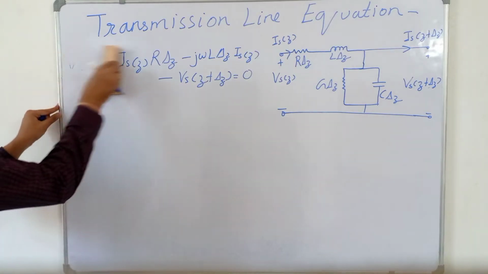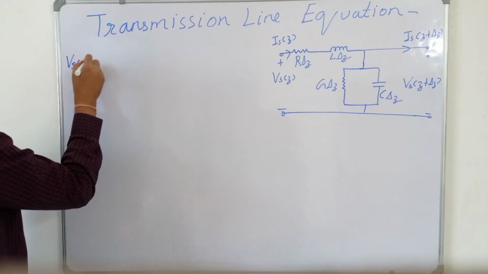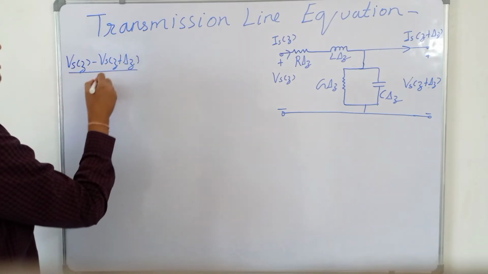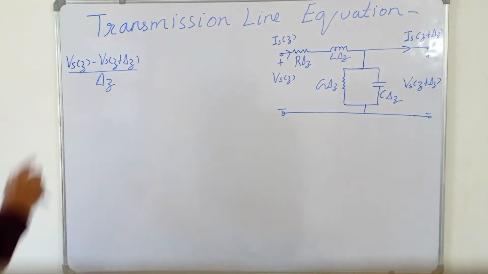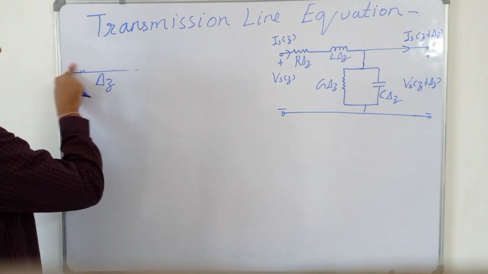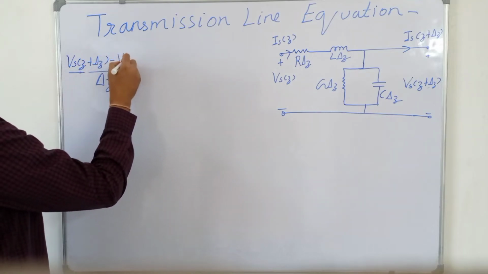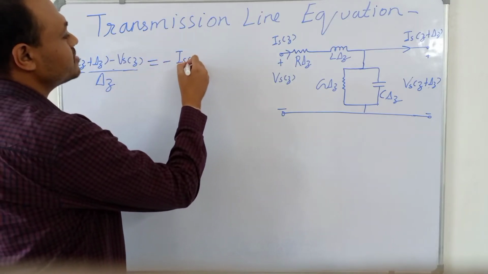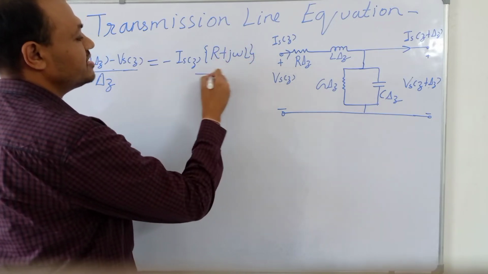So what we get is Vs of Z plus delta Z minus Vs of Z, upon delta Z. We have only taken delta Z common and divided, simplifying the equation, and it is equal to minus Is of Z into R plus j omega L. So this is the first equation.